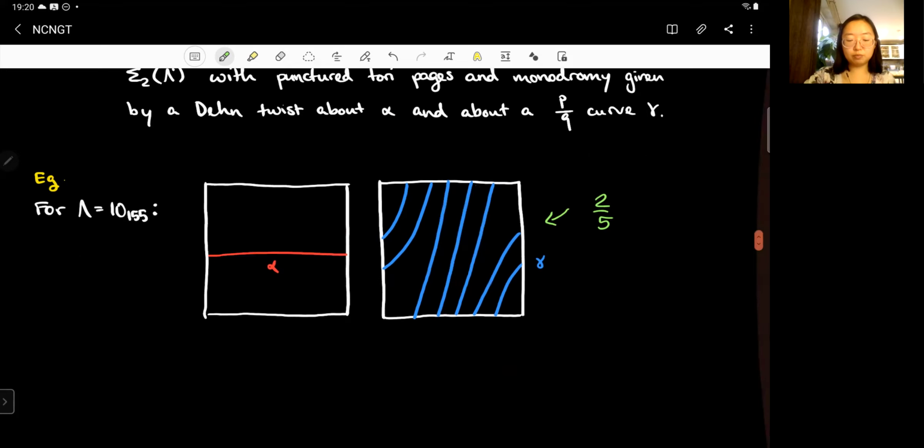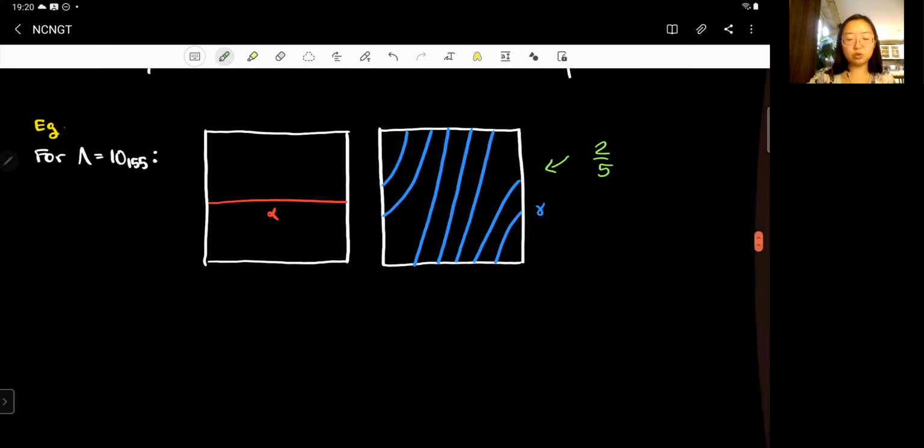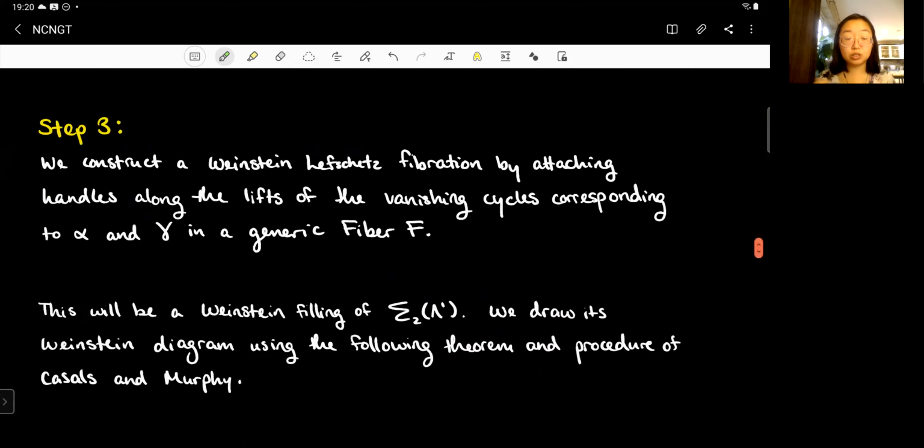Okay, so now what we're going to do with this open book decomposition is construct a Weinstein-Lefschetz fibration out of it by attaching handles along the lifts of the vanishing cycles corresponding to alpha and gamma in a generic fiber F. This Weinstein-Lefschetz fibration will be a Weinstein filling of the double cover.